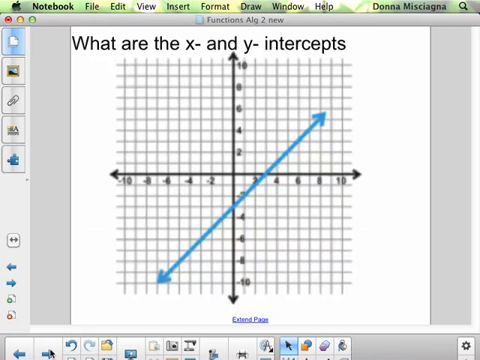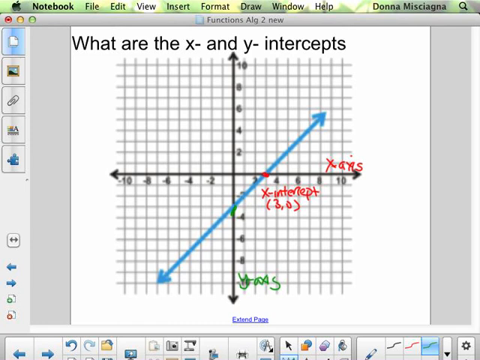This one is in your notes. Let's go ahead and identify the x and y intercepts. Right here, the graph crosses the x-axis. This is the x-axis. All right, so the x-intercept is the point (3, 0). This is the y-axis.